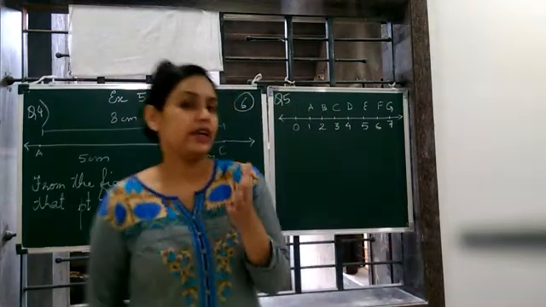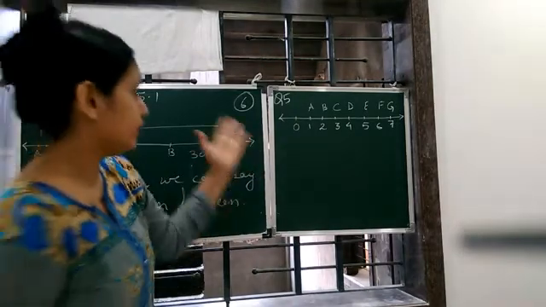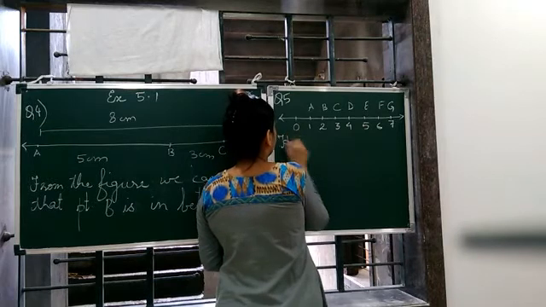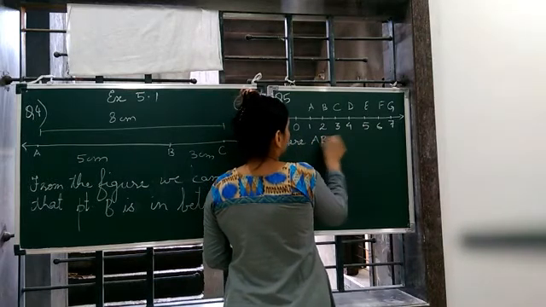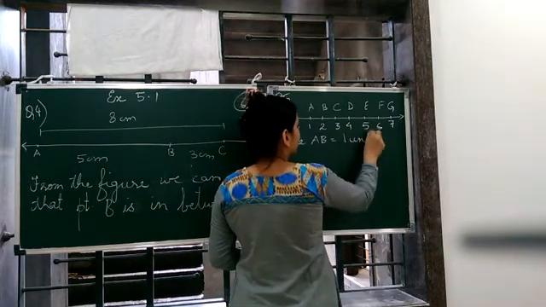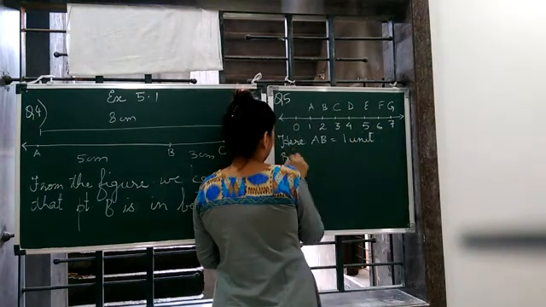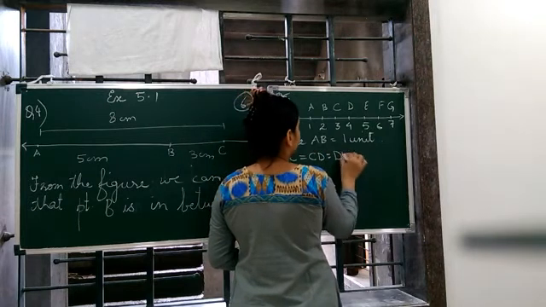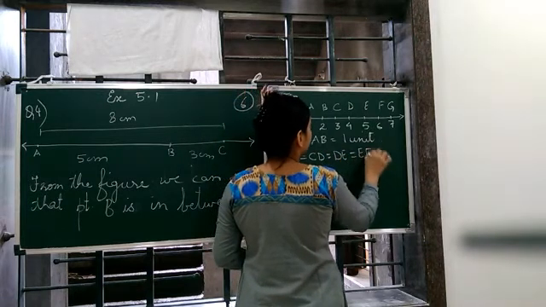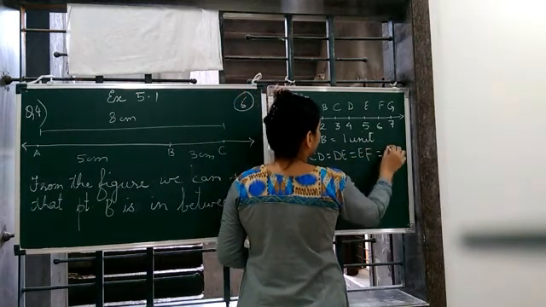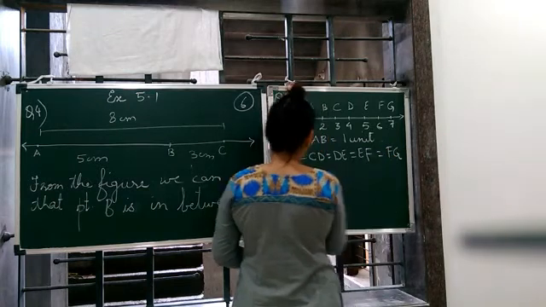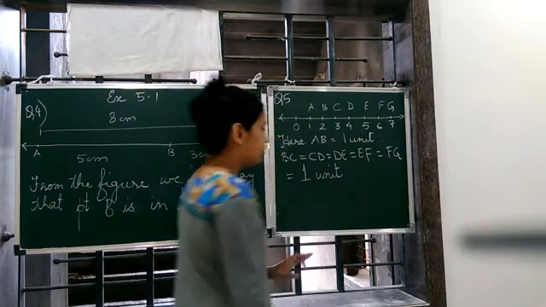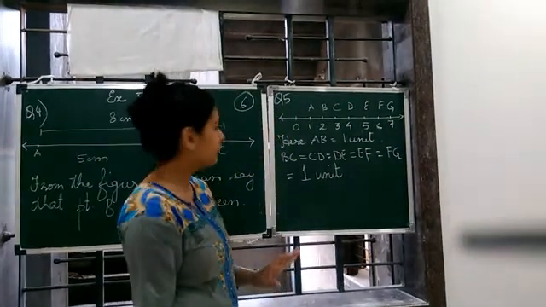So AB is equal to 1 unit. BC is equal to CD is equal to DE is equal to EF is equal to FG, all are equal to what? 1 unit.